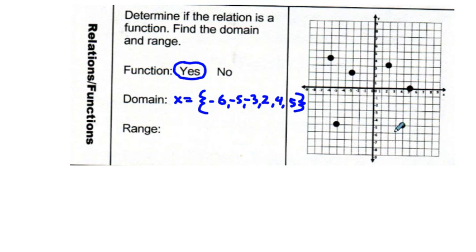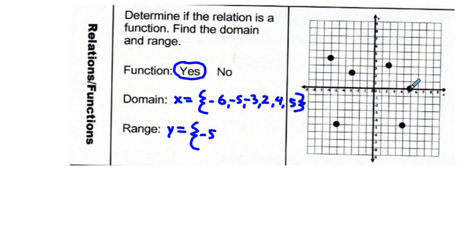And then range is going to be the y values here. We're going to start y equals, similar type of notation. Looks like we have the lowest value at -5.